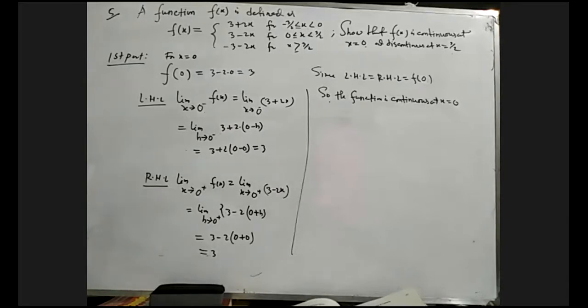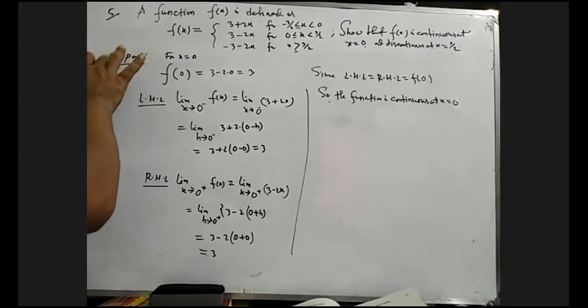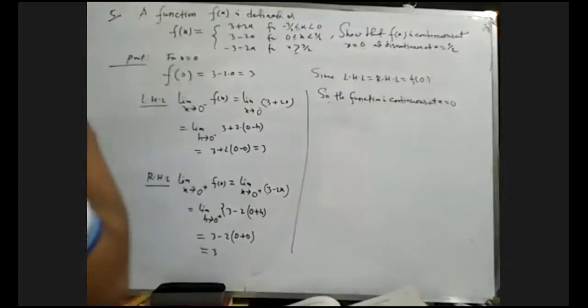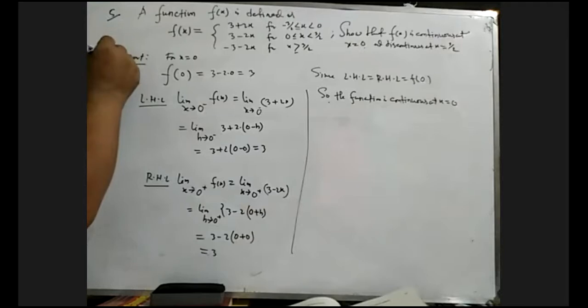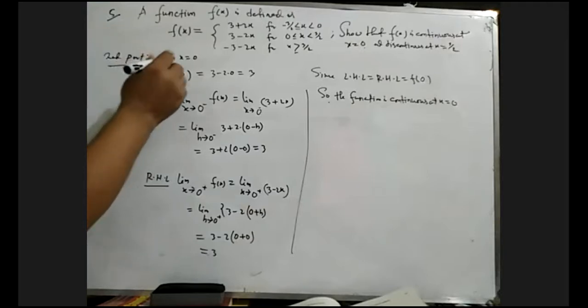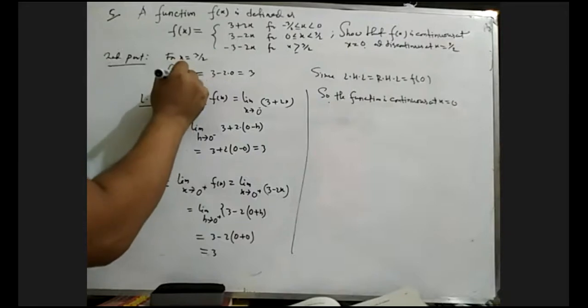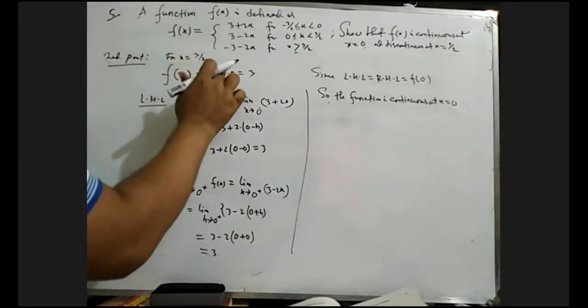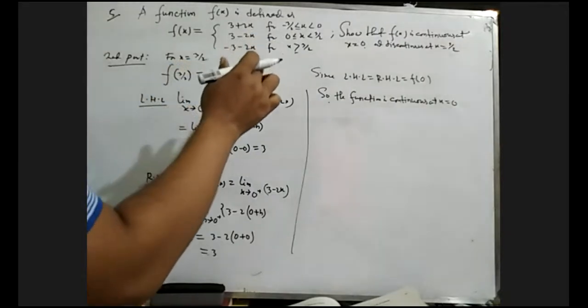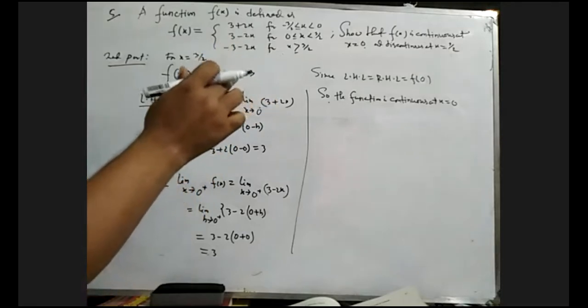Now the second part, for x equals 3 by 2. The functional value will be what? At x equals 3 by 2, in which piece of this function?